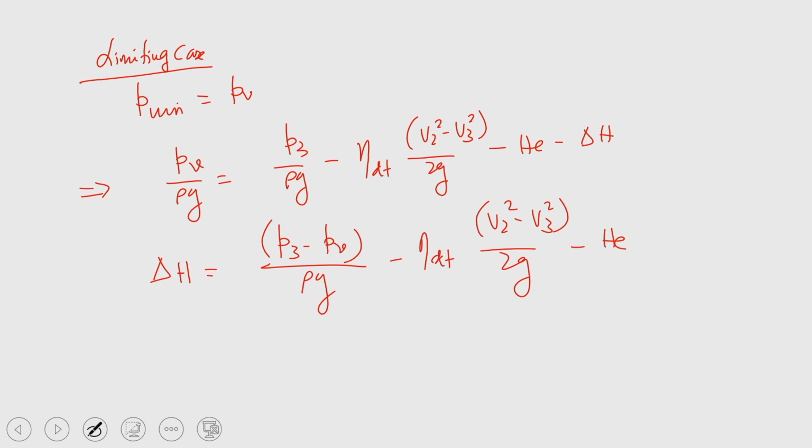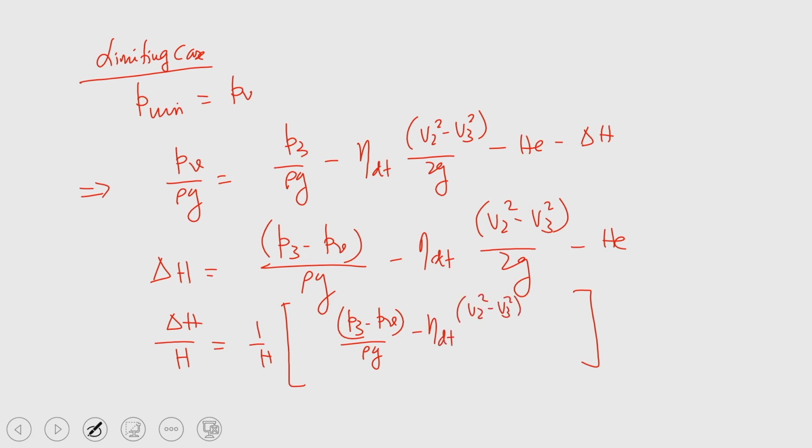If we divide this particular quantity by H, we can write delta H by H, that is 1 by H into this entire quantity: P 3 minus P v by rho g minus eta dt times (V 2 square minus V 3 square) by 2 g minus H e.